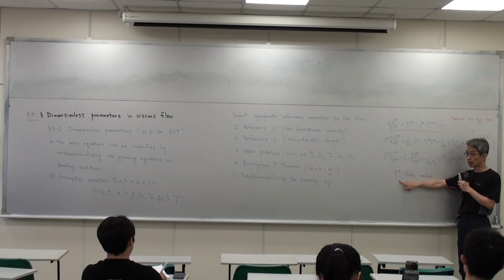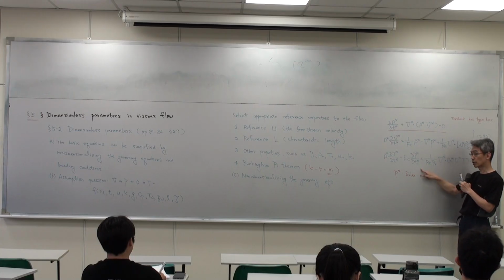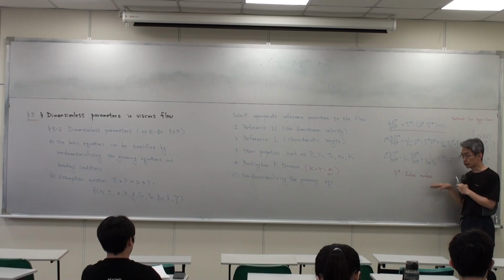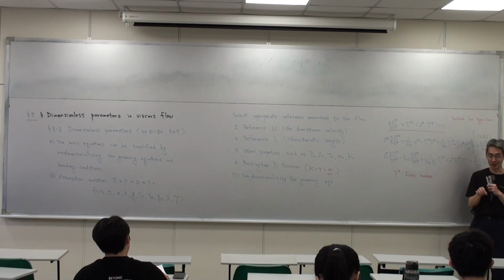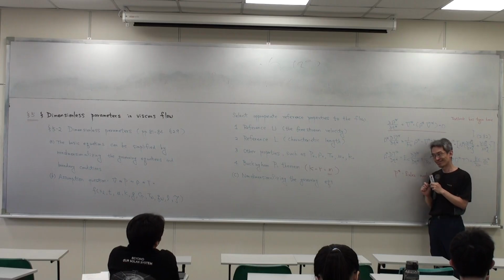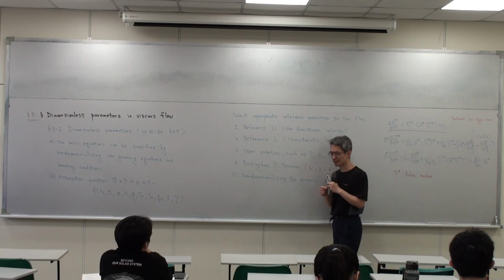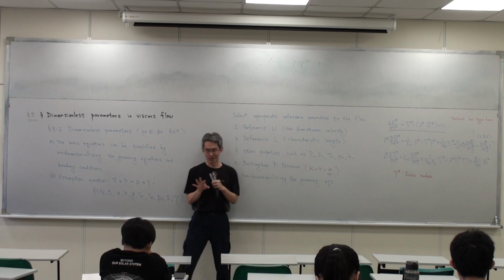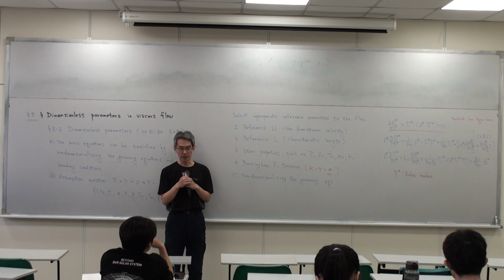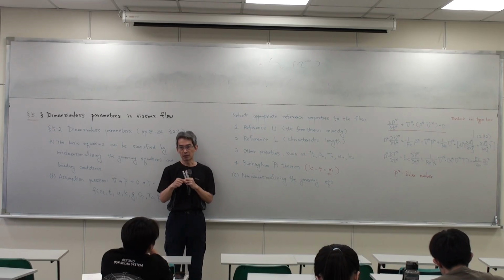The Euler number is the pressure compared to the inertial force. Similarly, the Reynolds number is viscosity compared to the inertial force. Okay? Usually, I think most of the students can answer about the inertial force, but if I ask for the inertial force definition, maybe 90% are not quite sure, or they cannot answer properly. This is based on Newton's first law.